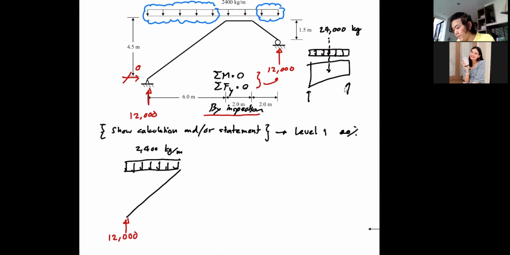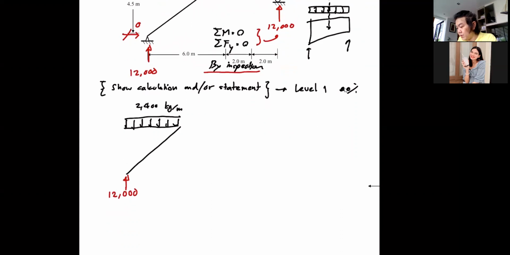Okay, so you can ask, how should I do it? Sigma Fy equal to 0. So you have 2400 multiplied by the entire length, which is 6, and then minus your reaction, but your reaction is larger, right? And then this better be the downward force, or upward.